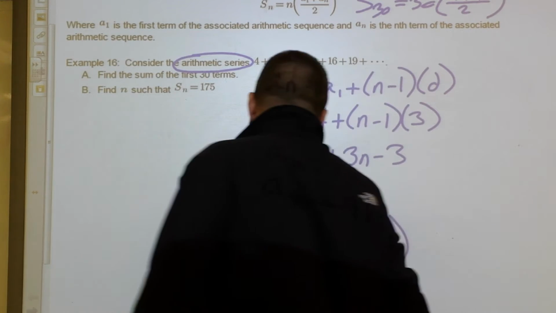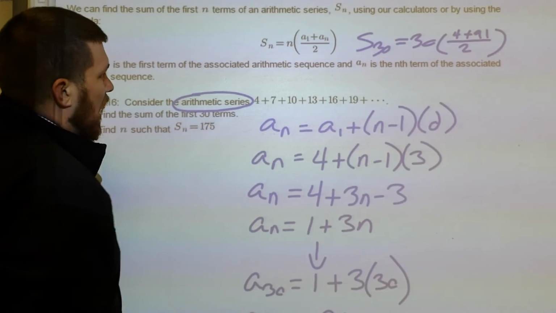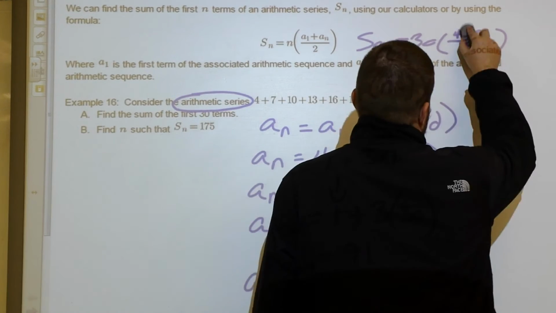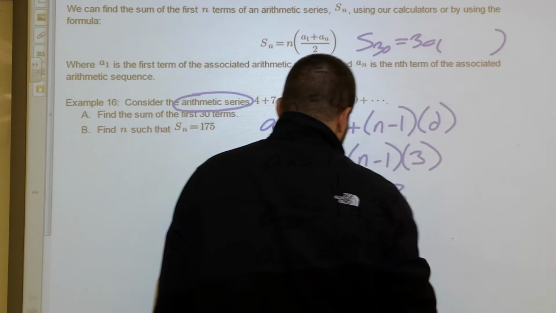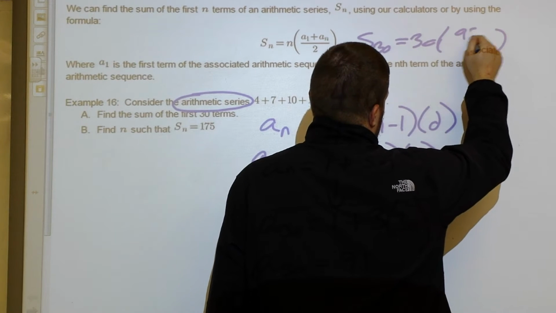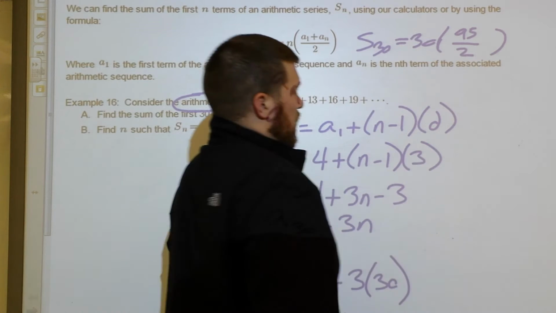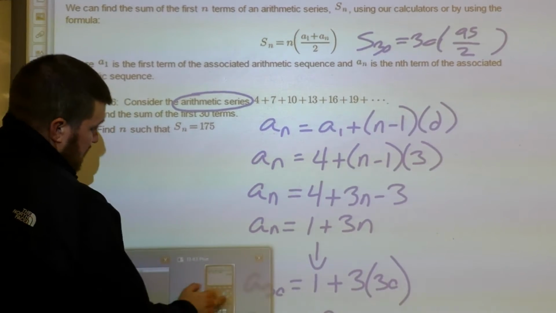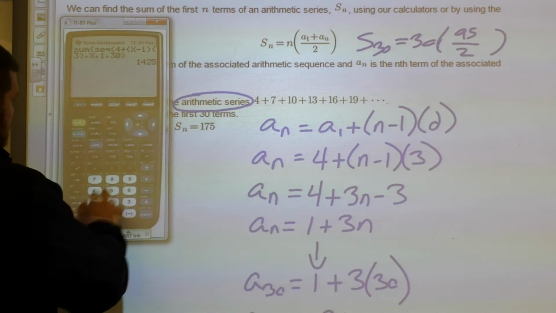Okay, and I can use my calculator now to clean that up. Obviously, 4 plus 91 is 95, so let's go ahead and simplify that. So this fraction is just 95 divided by 2. Okay. And so when I type that in my calculator, I must keep that fraction inside parentheses.